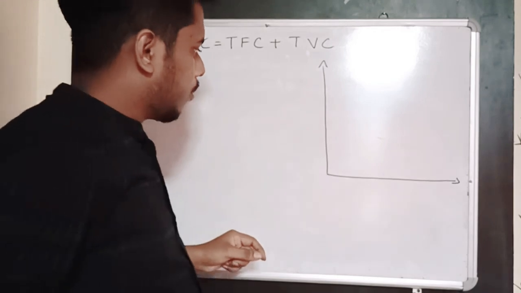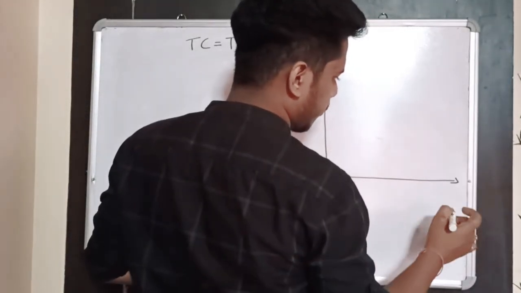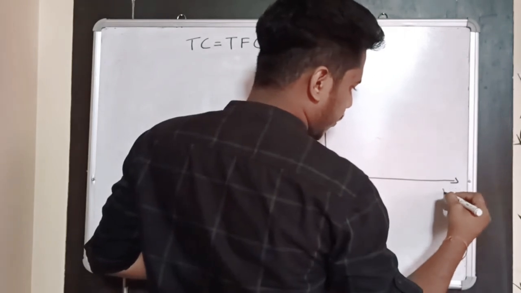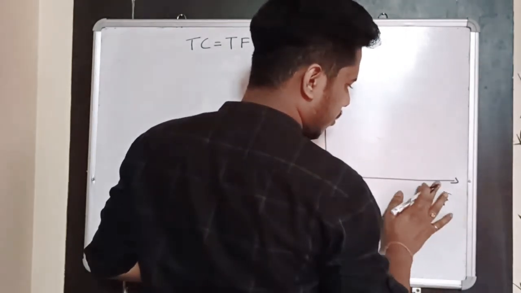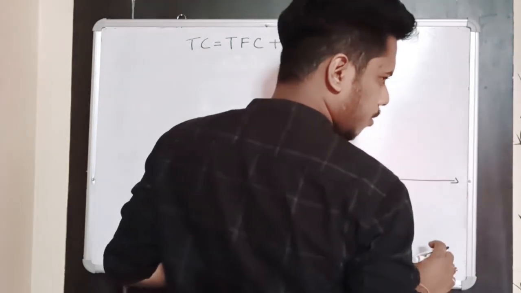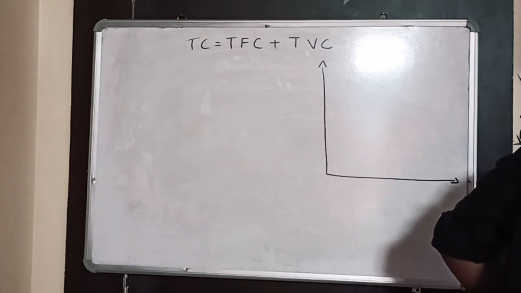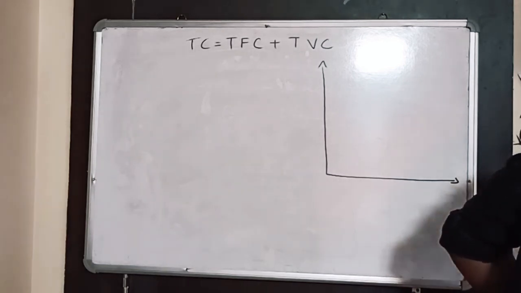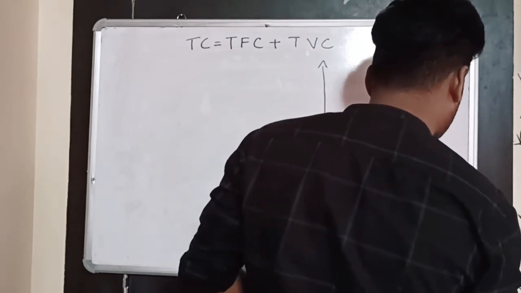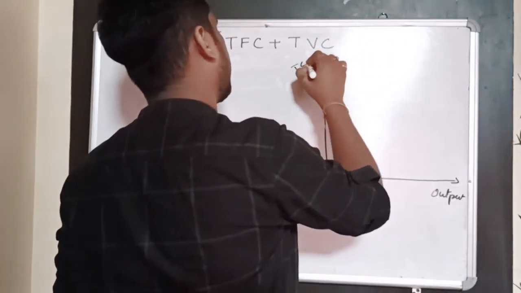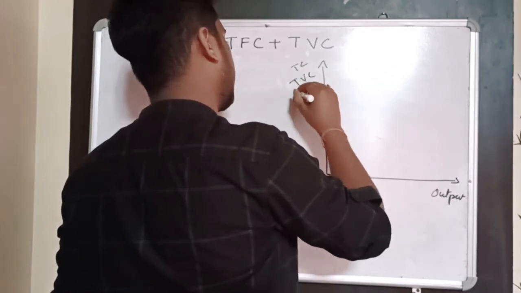So over here, let me draw: output on the x-axis, and cost on the y-axis, with TC, TVC and TFC.